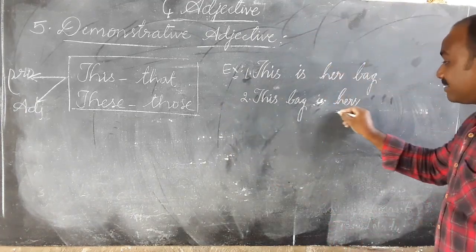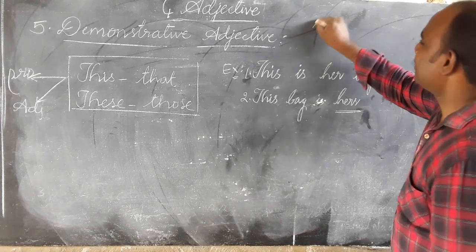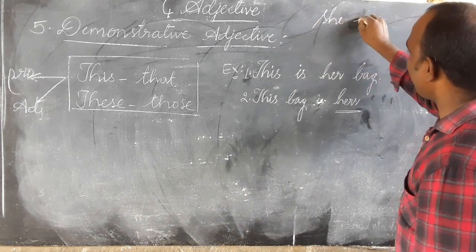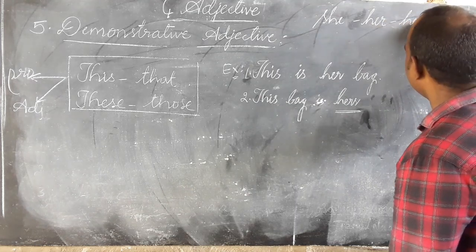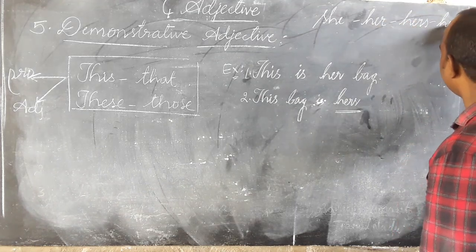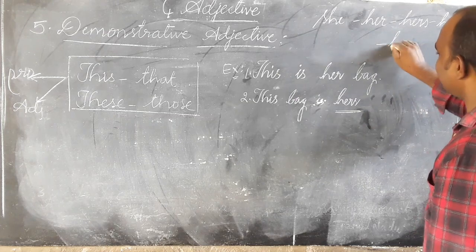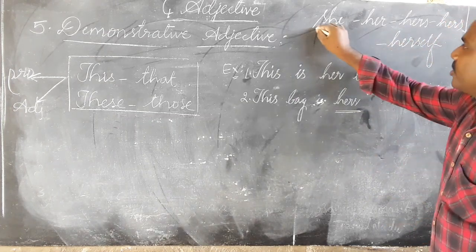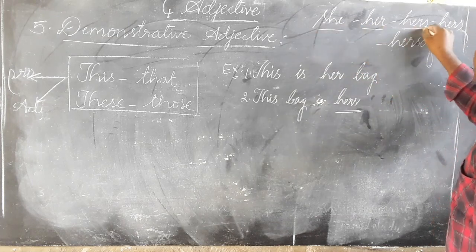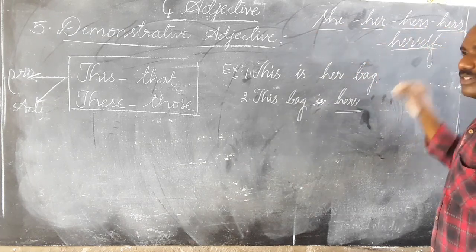This one, hers. She, her, hers, again hers, herself. Look at these words once.